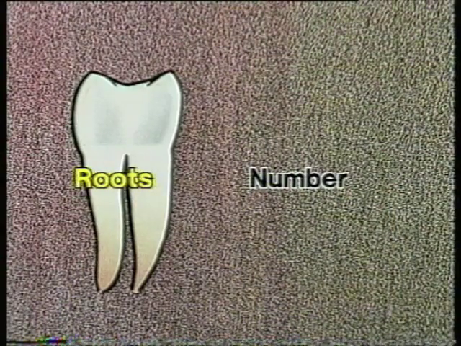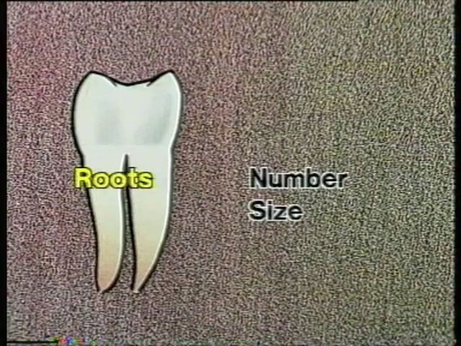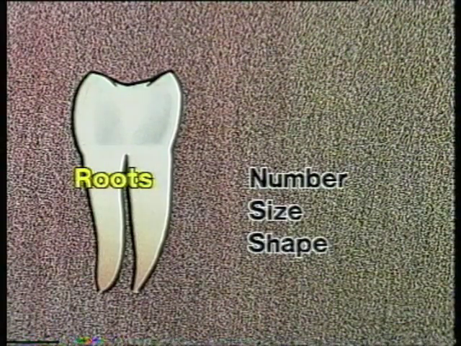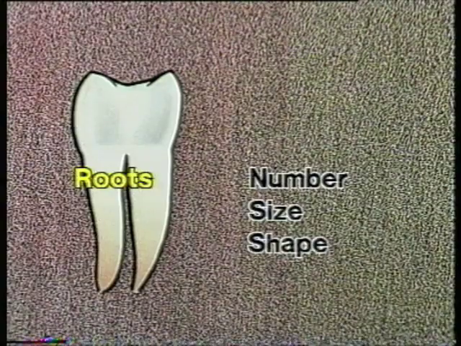Right, so much for number in our consideration of root morphology. I'm now going to look at size and shape. I'm going to deal with the factors of size and shape together and refer you back to some of the examples we've already looked at, and also show you some new ones.